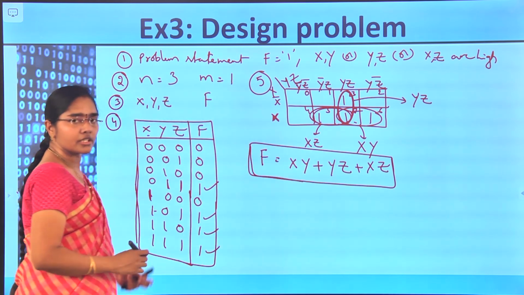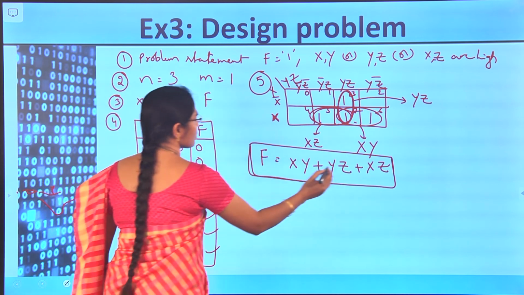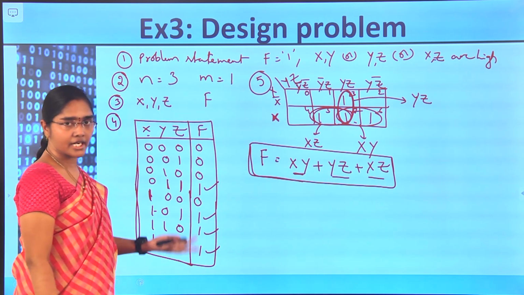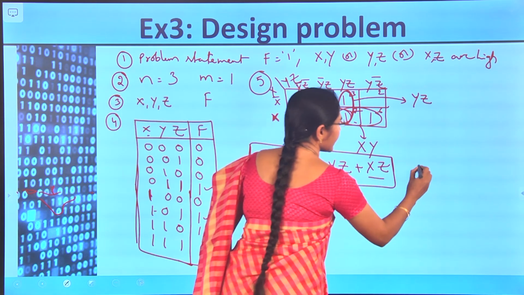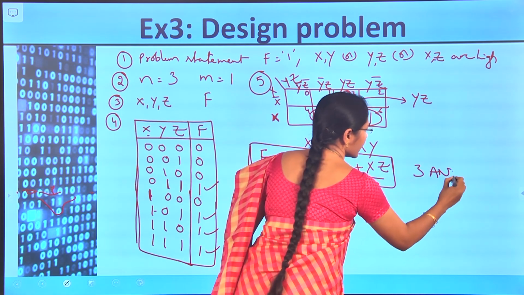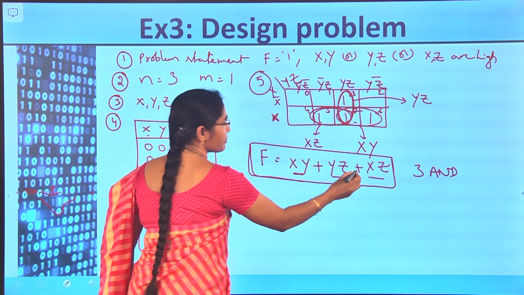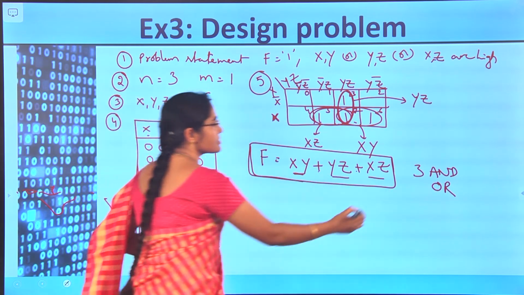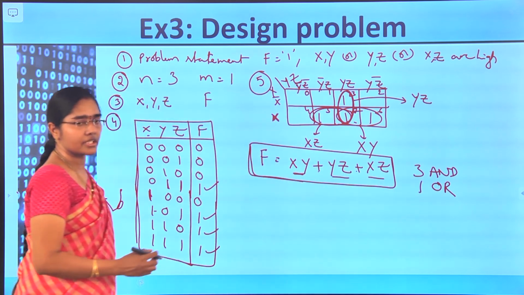Now, draw the logic diagram for the simplified expression. Here each is a product term, which means AND gates. 3 AND gates are required, and one OR gate with 3 inputs.